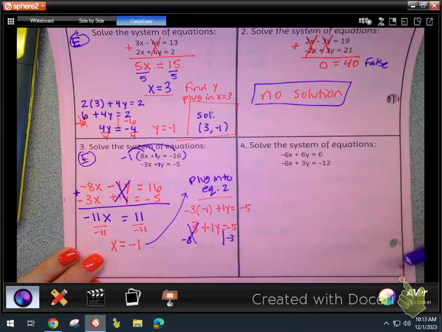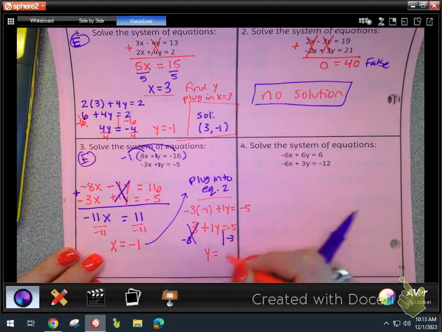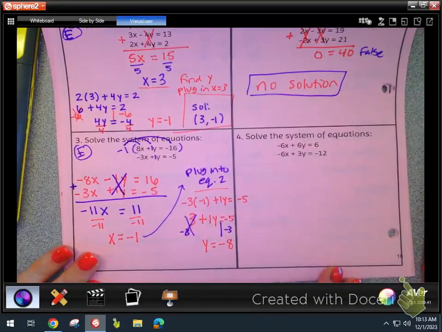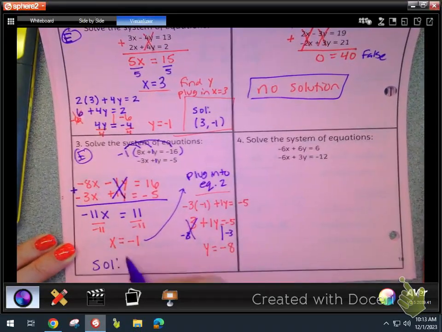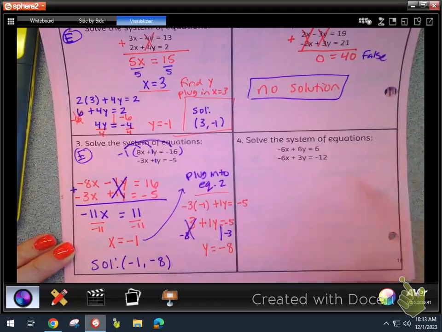So this is going to give me 1y, or y, equals -8. And since the coefficient of y is 1, I don't have to divide by 1 because it's not going to change it. So what is my actual solution point? -1, -8. Very good.